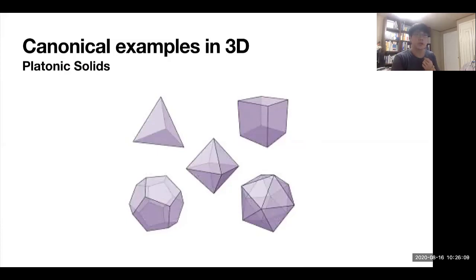If you're considering rotational symmetries in 2 dimensions, you have these finite subcollections of rotations that leave some regular n-gons invariant. In 3 dimensions, if you're trying to find such a finite subcollection of possible rotations, you would see that the possible symmetries really restrict you to these 5 regular polyhedra as the only examples in 3 dimensions with finite rotational symmetries.